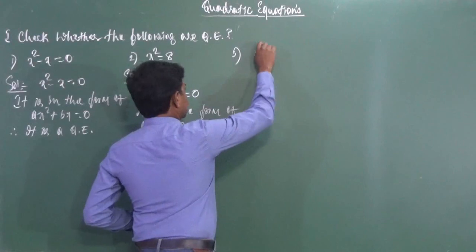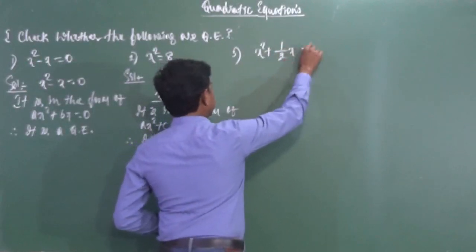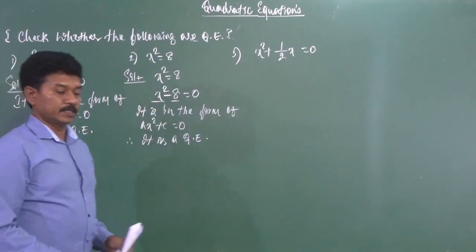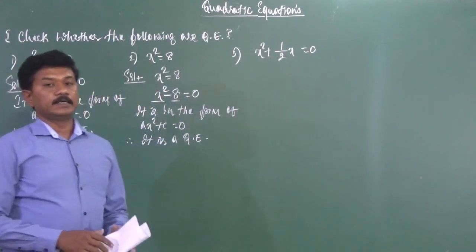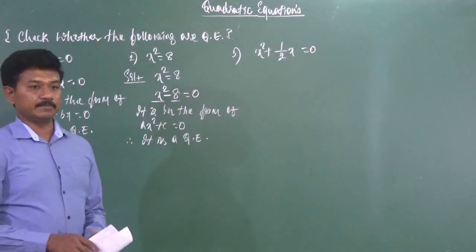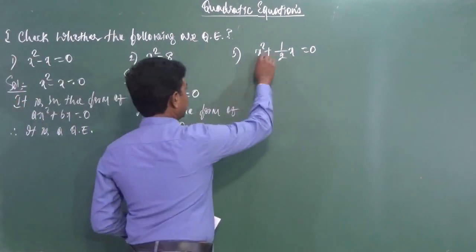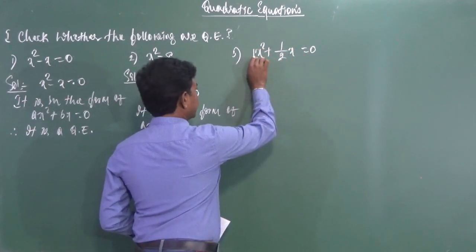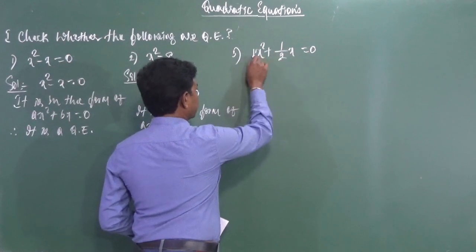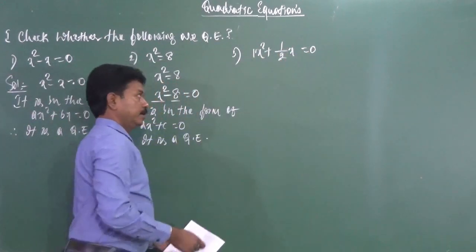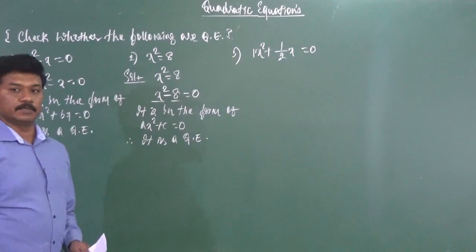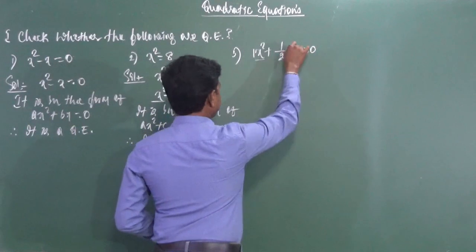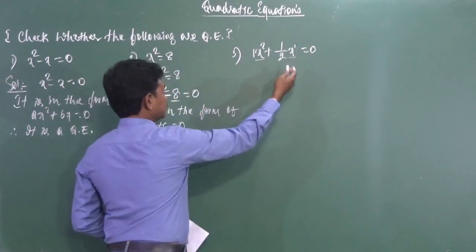X square plus 1 by 2x is equal to 0. As I told you in the definition of quadratic equation, a, b and c are real numbers. Here the coefficient of x square is 1 and the coefficient of x is 1 by 2. 1 is a natural number, and 1 by 2 is a rational number. Rational numbers are real numbers. The variable exists in degree 2 as well as in degree 1, and it is in the standard form.